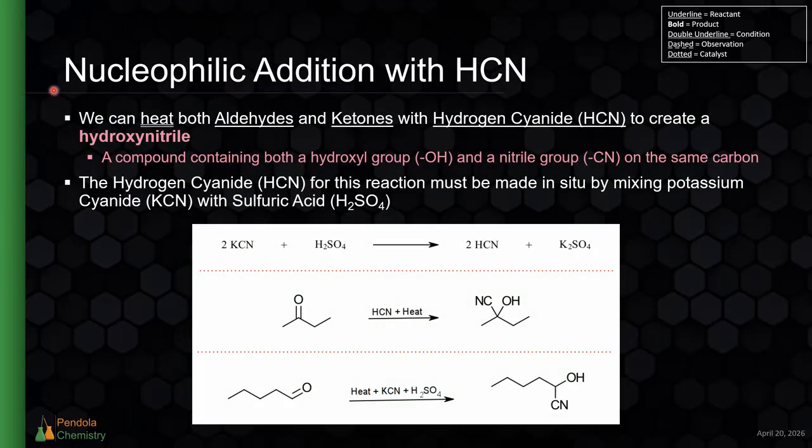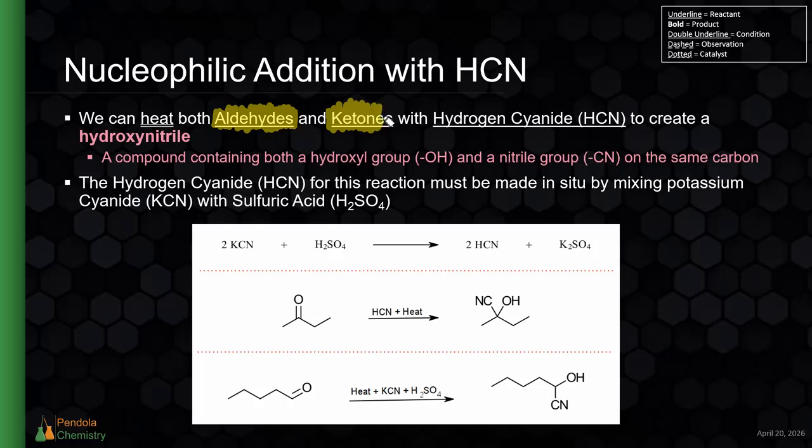Nucleophilic addition with hydrogen cyanide is going to essentially create a two-functional group product, which is what we call a hydroxynitrile. So this is going to happen anytime we grab an aldehyde or a ketone, so a carbonyl group compound.